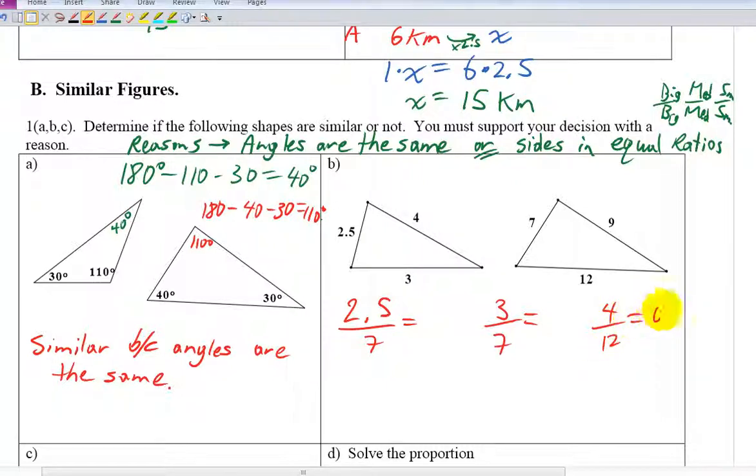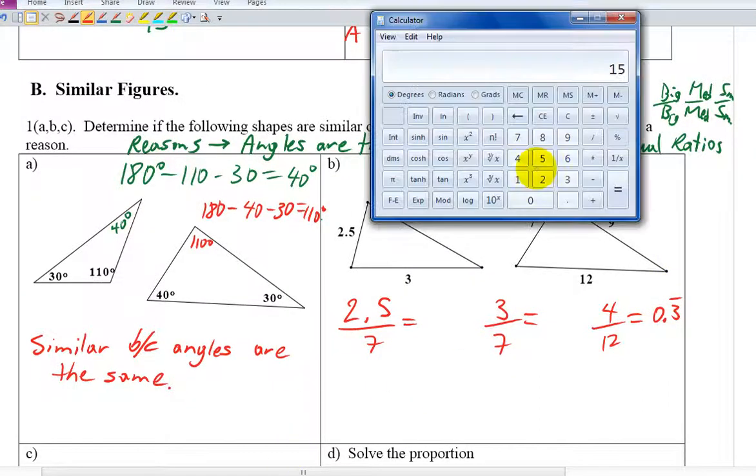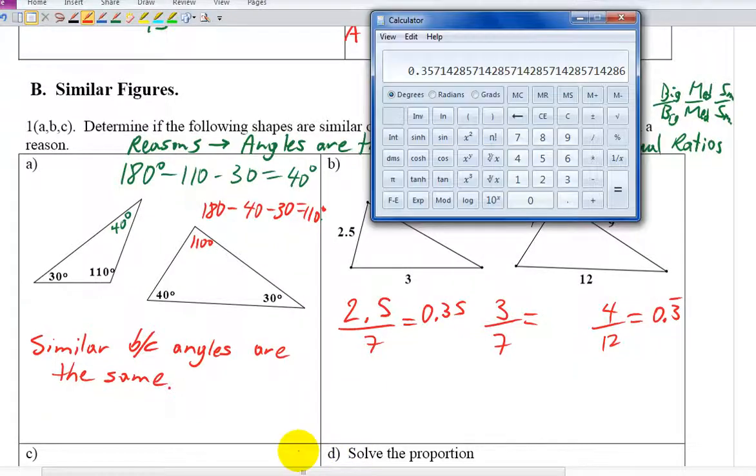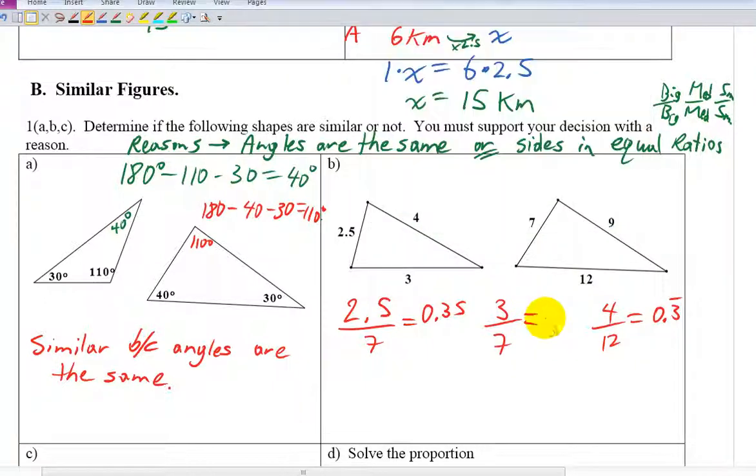Okay, 2.5 divided by 7 equals 0.35. Sorry? Oh, sorry. This should be 9. Thanks. 0.3 repeating. There we go. That's what I was looking for.